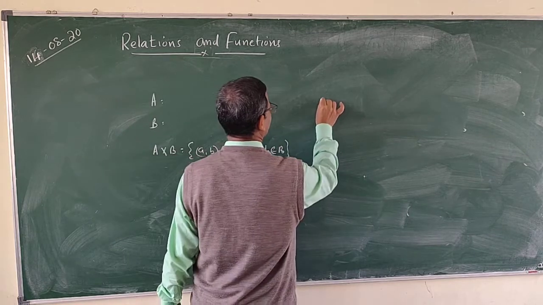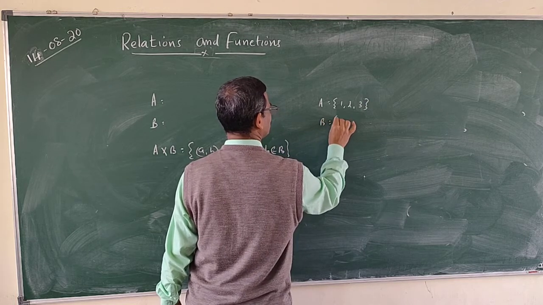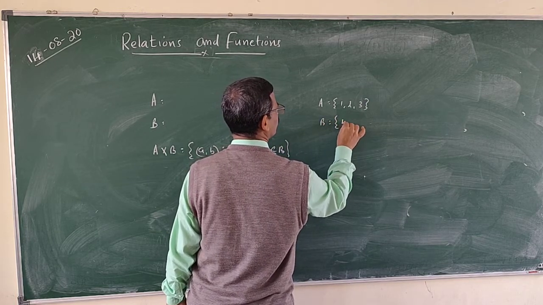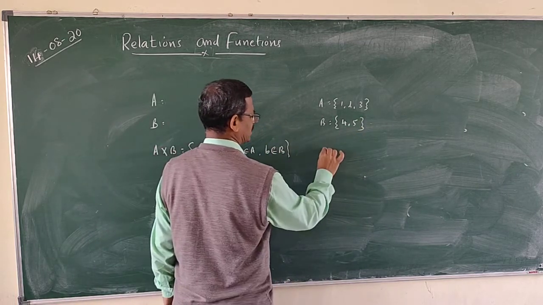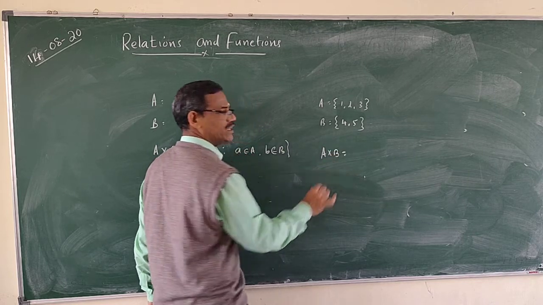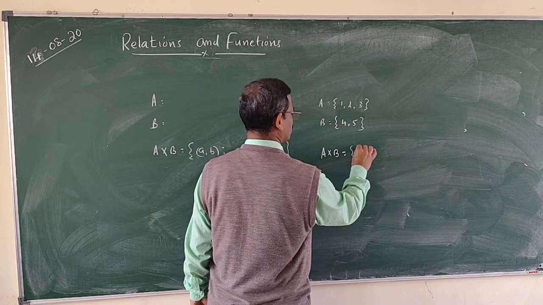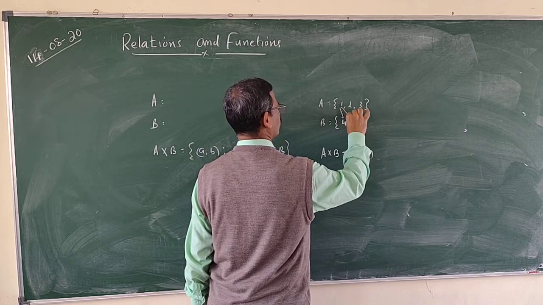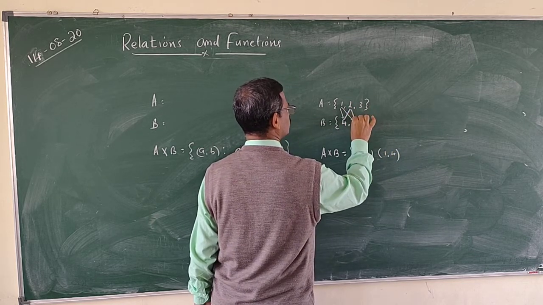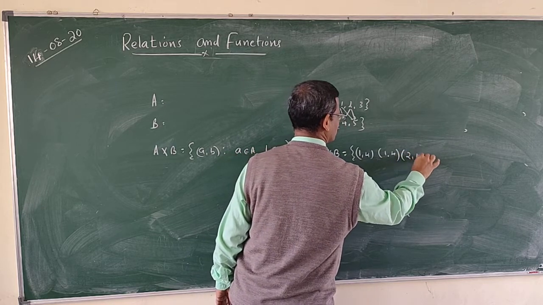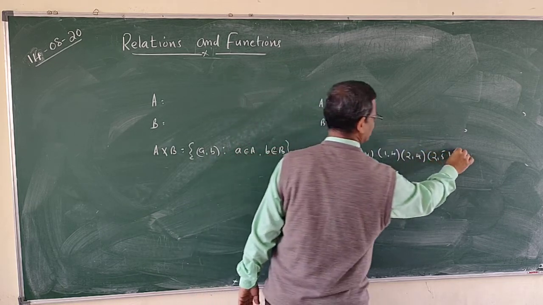For example, if I take A equal to {1, 2, 3} and B equal to {4, 5}, then the Cartesian product A × B is {(1, 4), (1, 5), (2, 4), (2, 5), (3, 4), (3, 5)}.